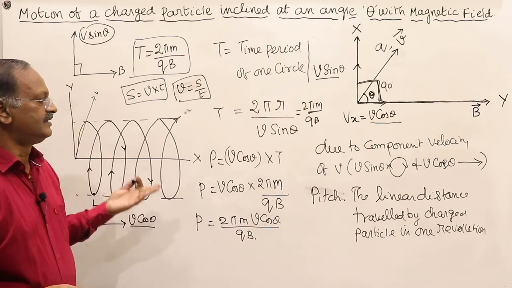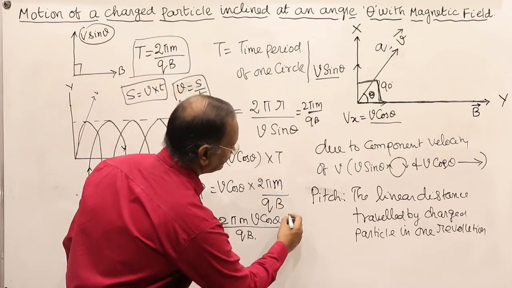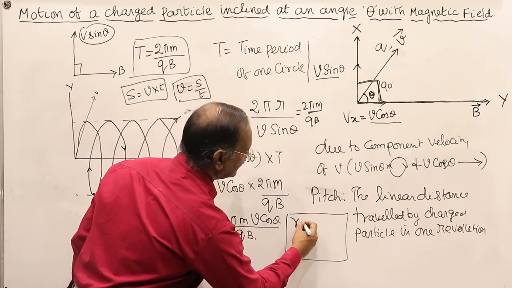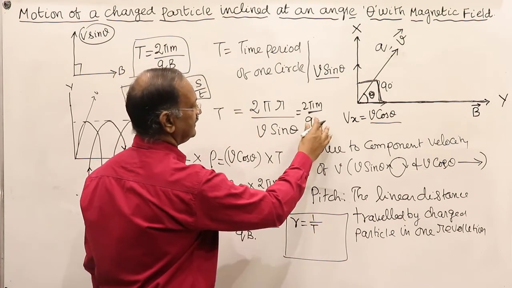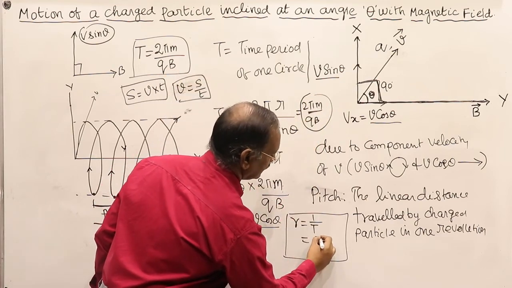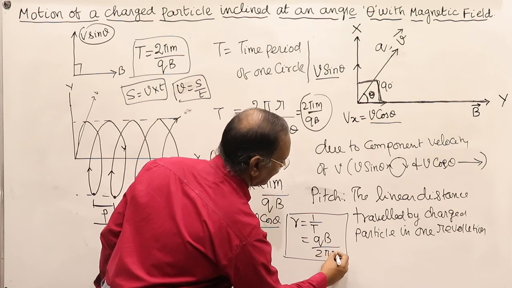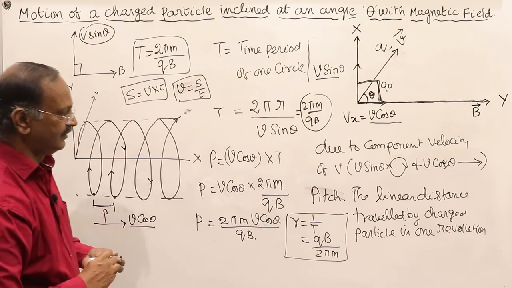And what about the frequency? Linear frequency is equal to 1 by time period, inverse of time period, which is equal to qB by 2 pi m. And angular frequency also you can calculate. What is the angular frequency?